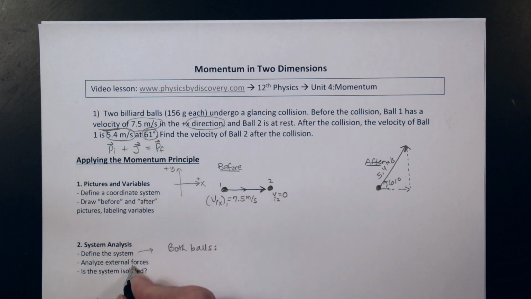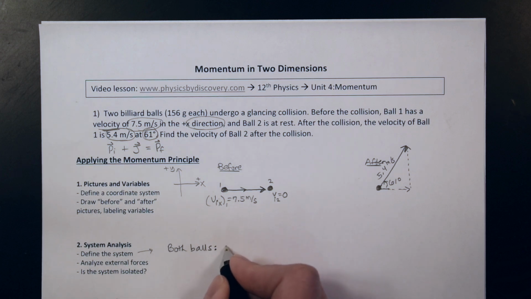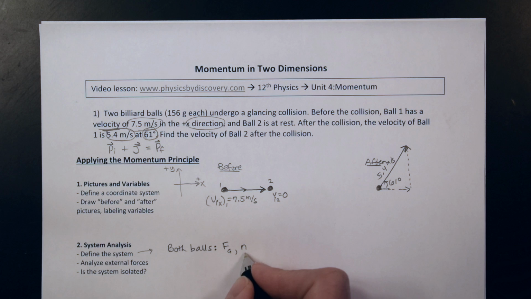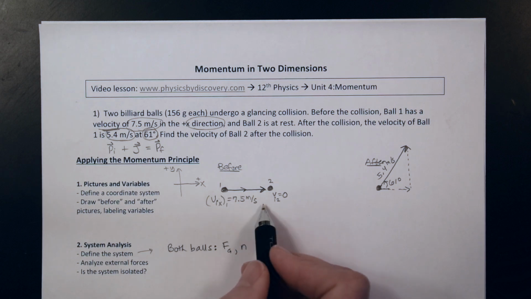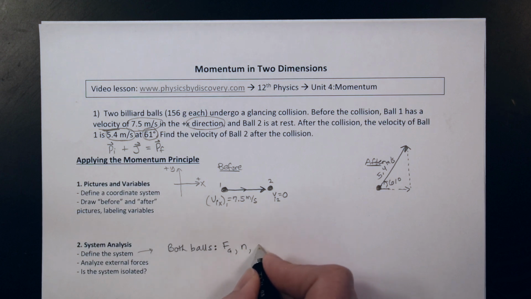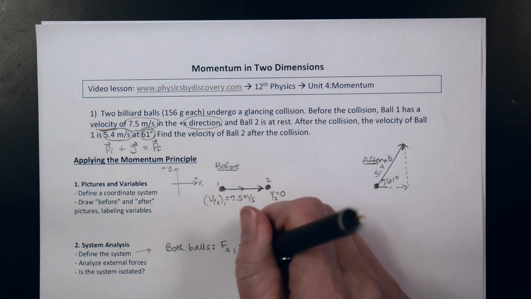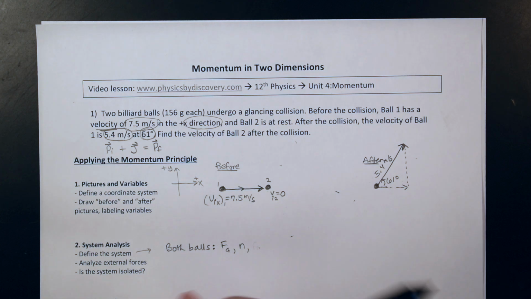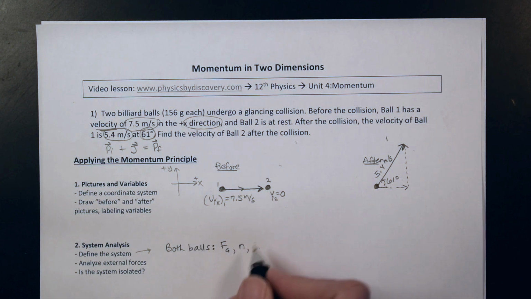And then I'm going to analyze the external forces. So external forces, you can probably think this through now without drawing free body diagrams. We have force of gravity from the Earth, which is not in the system. We have the normal force for both of them. Normal forces from the surface, which is not in the system. And then we have the forces between the balls. Although those are internal, so I'm not even going to list those because we only need to think about the external forces.